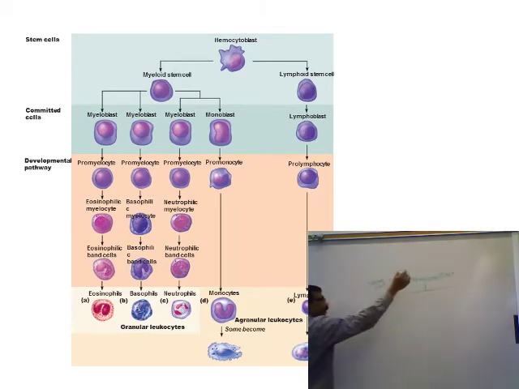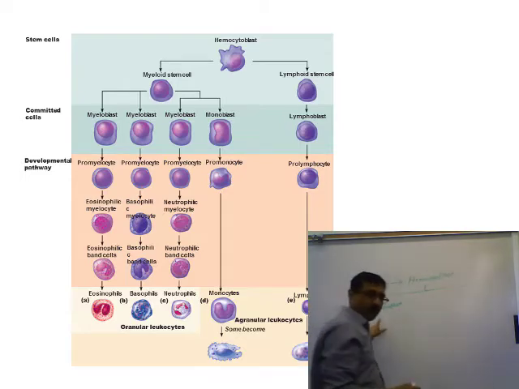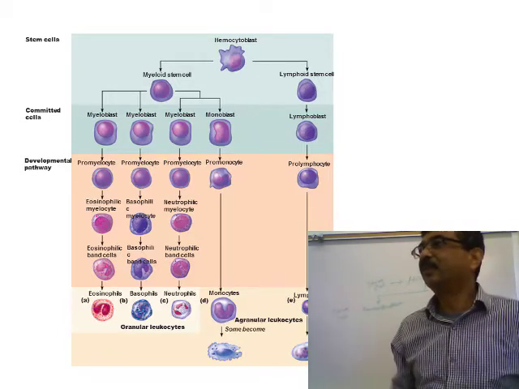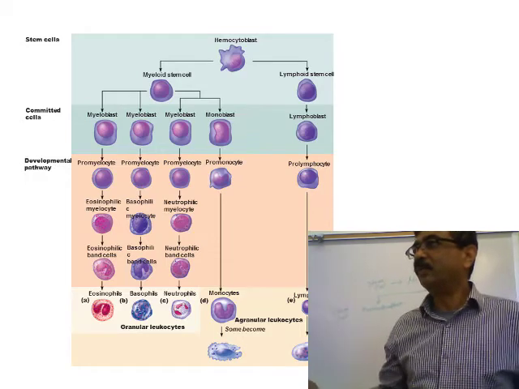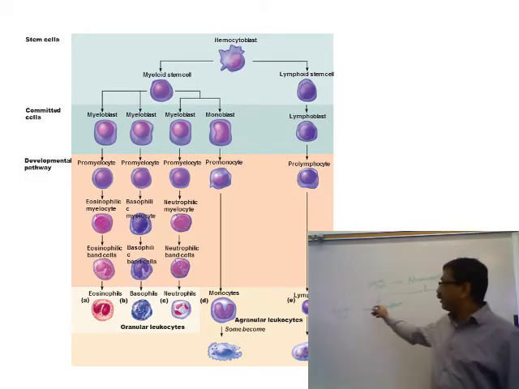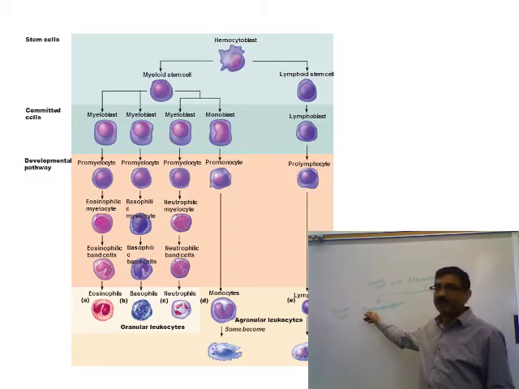Hemocytoblast can produce erythroblast, which is also a stem cell. This is a stem cell for what? Anybody? Its name is telling you. Red blood cells, right? Erythroblast. So it will only produce what? Red blood cell. Make sense?